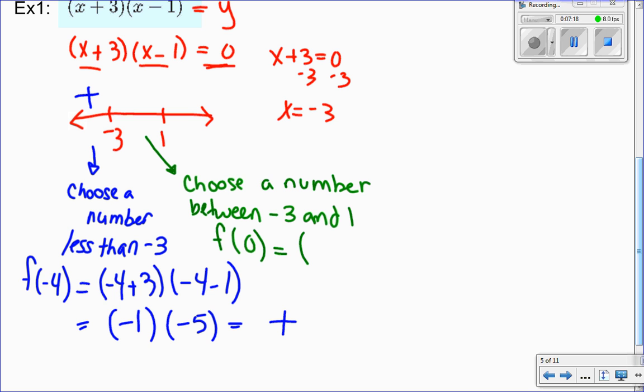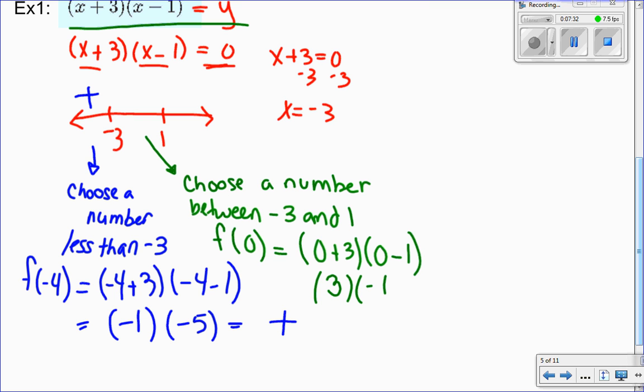And we're plugging that back into this function that we started with, so 0 plus 3 and 0 minus 1. Okay, so we get a positive number times a negative number, which gives us a negative number. And again, the value isn't as important as just is it positive or negative.